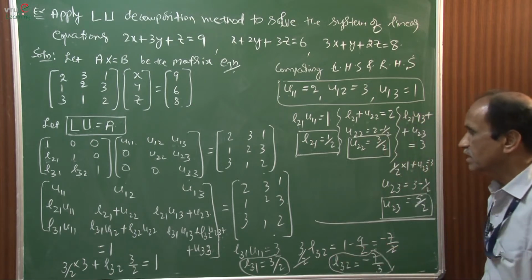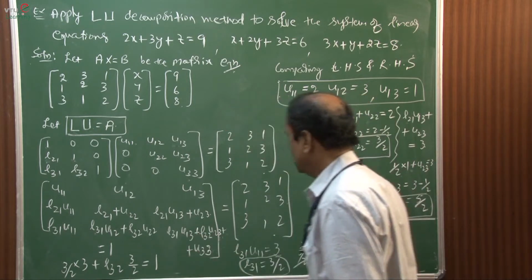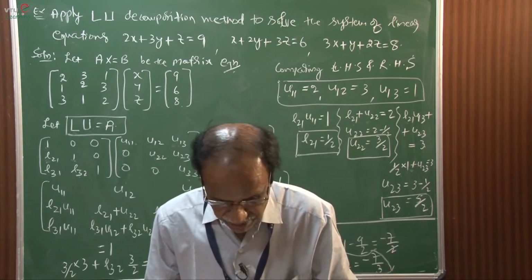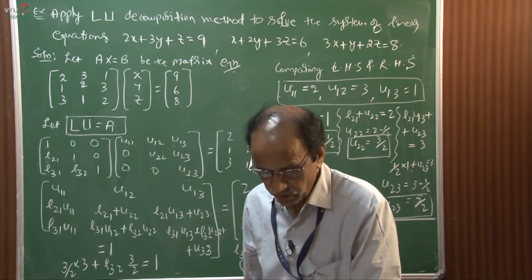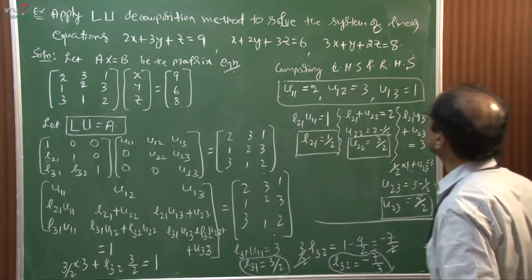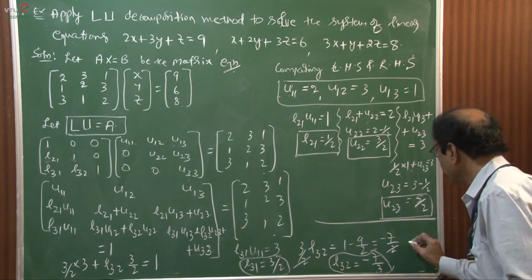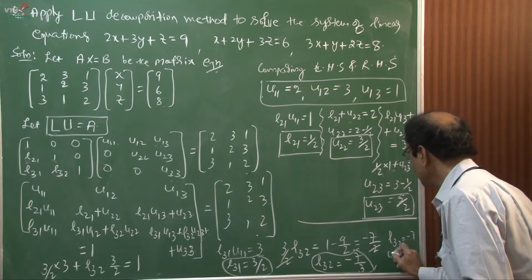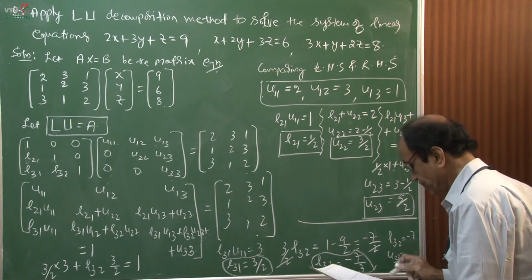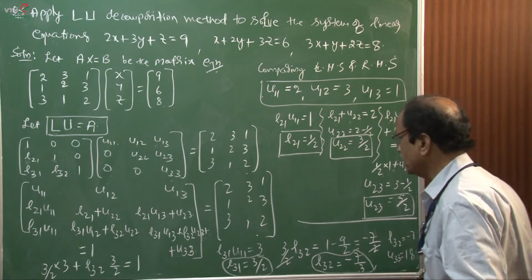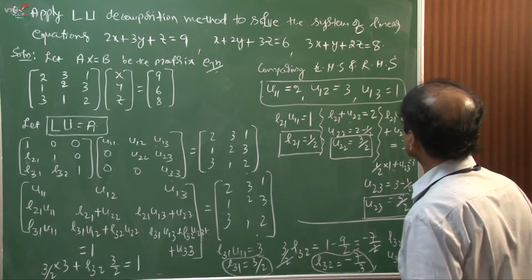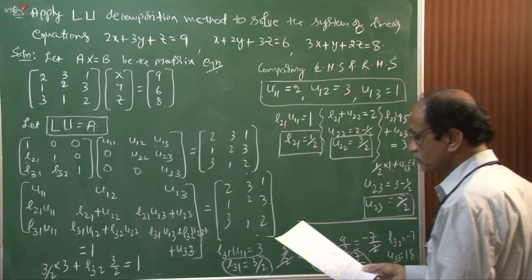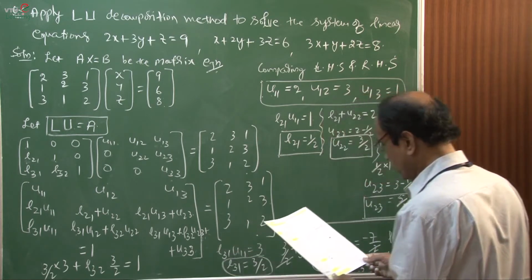And similarly, what is the next number? That is L32, which you have to calculate as this, I am giving it directly. After calculating that, L32 is equal to minus 7, and U33 is also to be calculated. So U33 is equal to 18. So the remaining values are all okay.